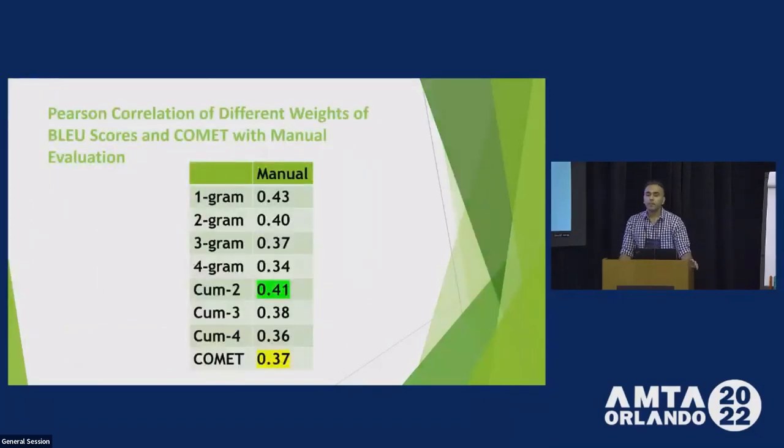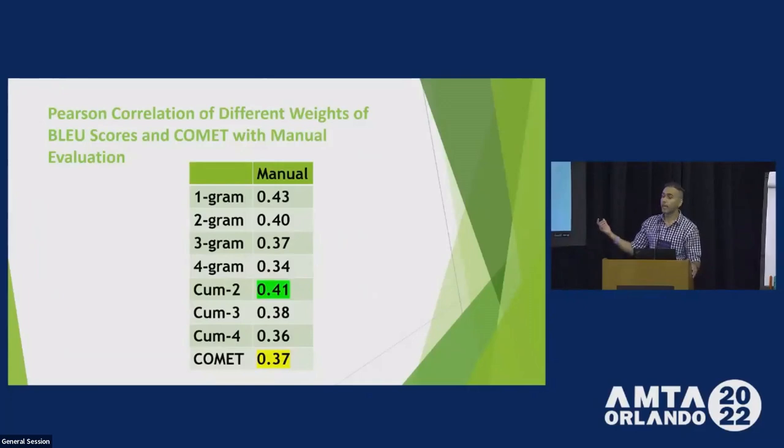Then we noticed that translation quality assessment research seldom delves into comparing the different weights of BLEU. So we thought we would look at the scores of different weights of BLEU with our data that is segment based.